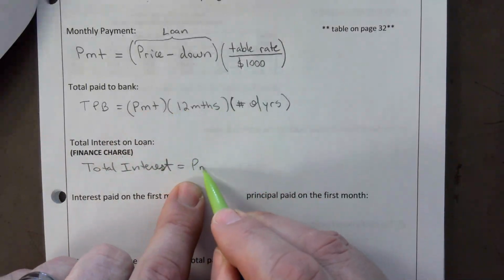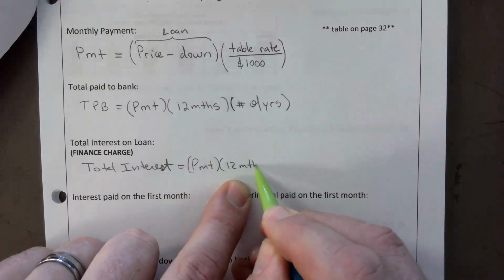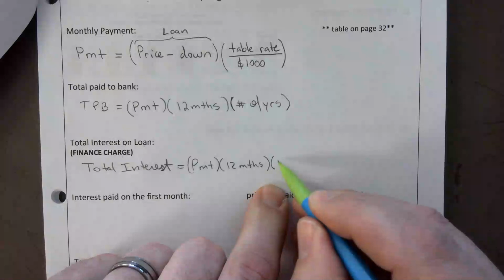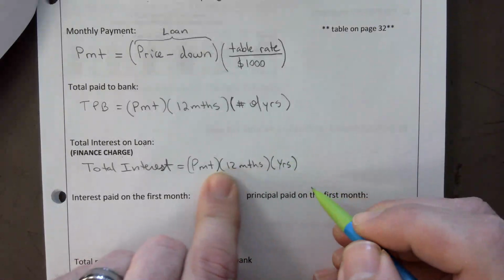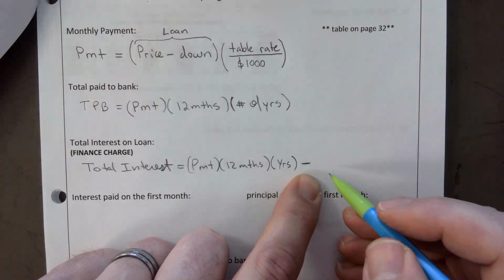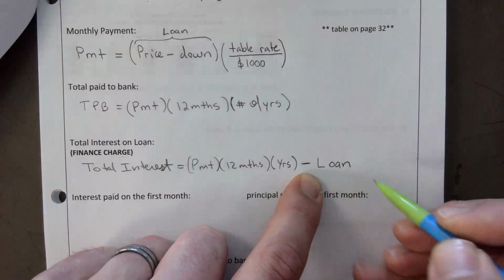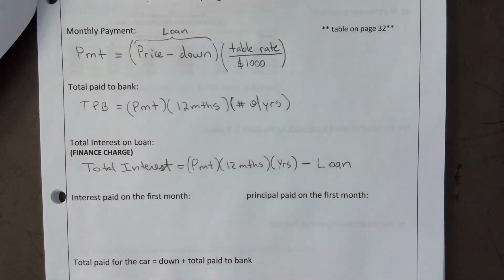So I'll rewrite that. This is a longer one. Minus whatever the loan is. Whatever you determine to be the loan. That's how you figure out the total interest.